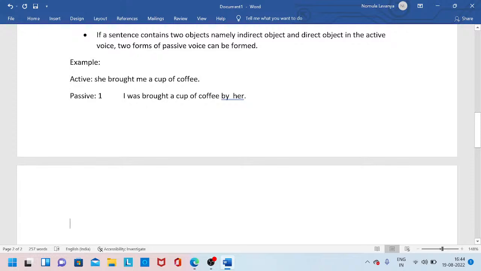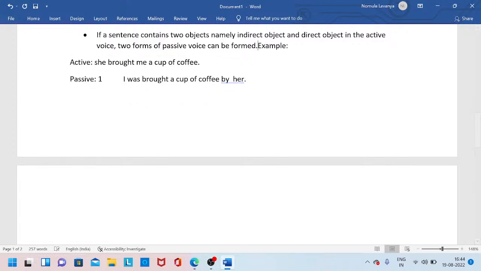In the same passive, I'll give you a second example: a cup of coffee was brought to me by her.